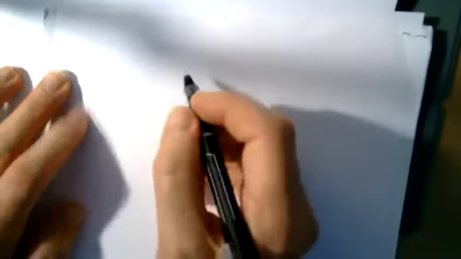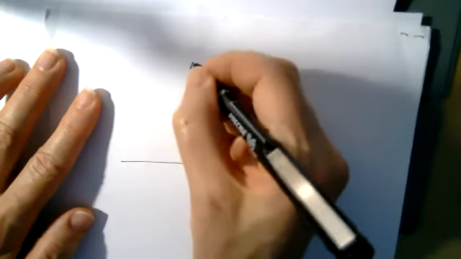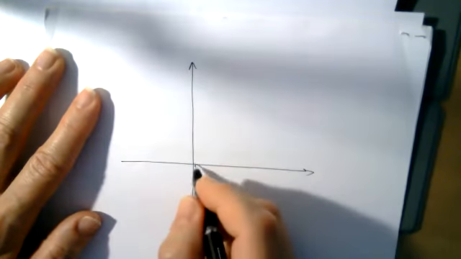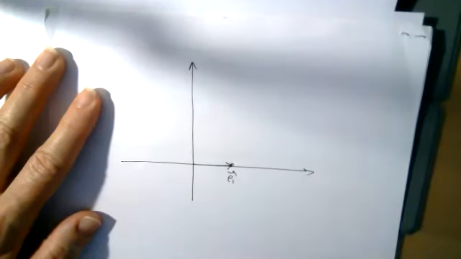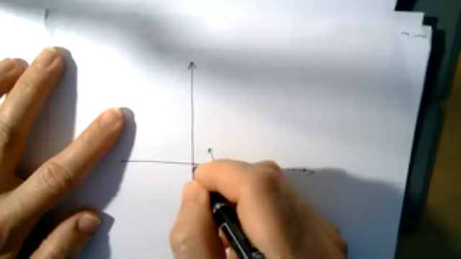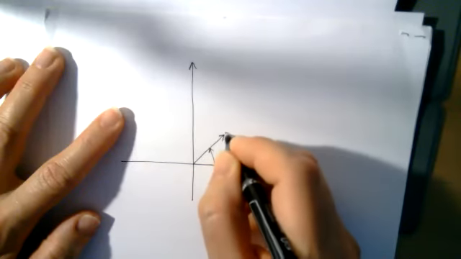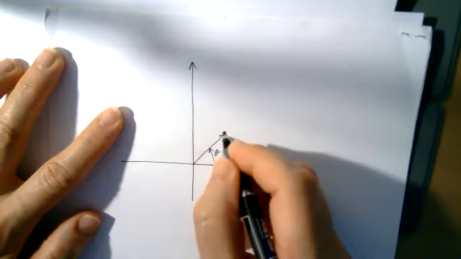So I want your trigonometry here. To find R theta of E1, this is my E1 right here. That's the unit vector. I'm going to take E1 and rotate it by an angle theta. I'm going to get here.